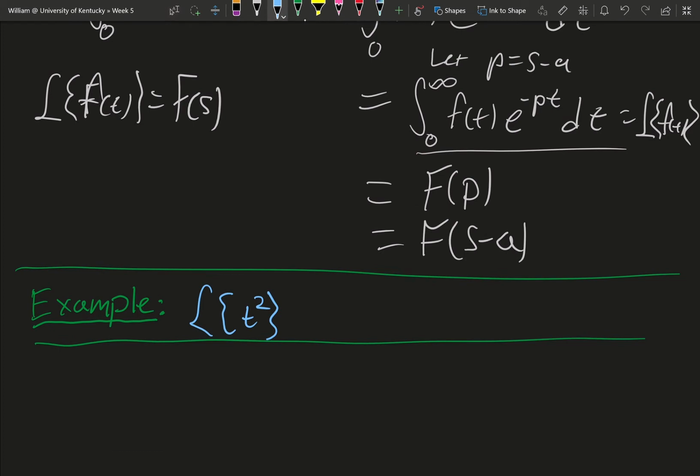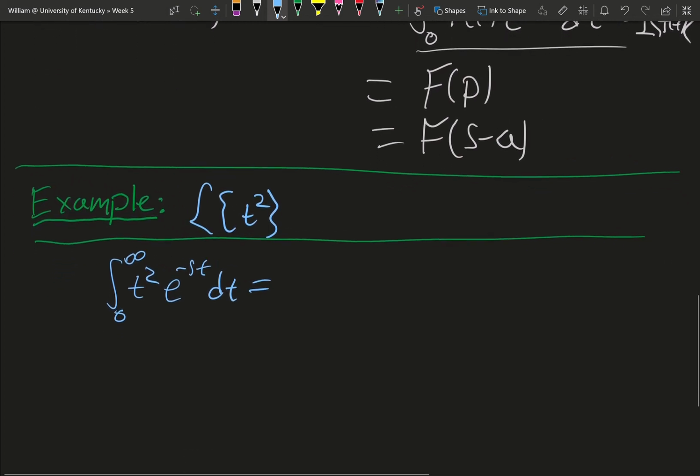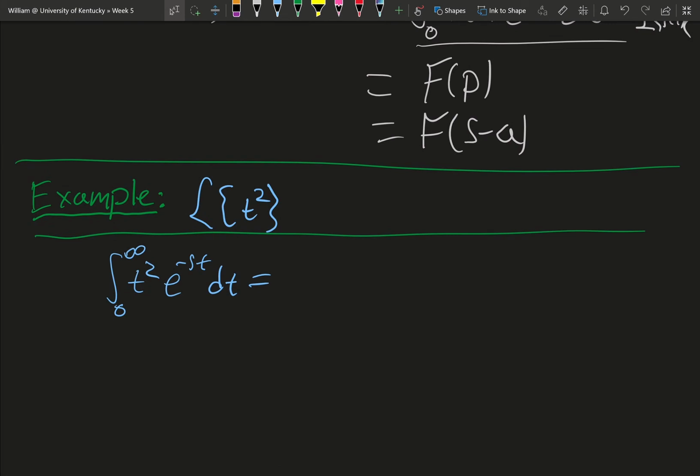Normally to solve this, we would have to do a double integration by parts, which, I think you guys give integration by parts too much of a bad rap, but a double integration by parts is getting a little bit much. So we still have to do one, but then we're going to use a shortcut, just like we did on the worksheet, by identifying something as something we already know.